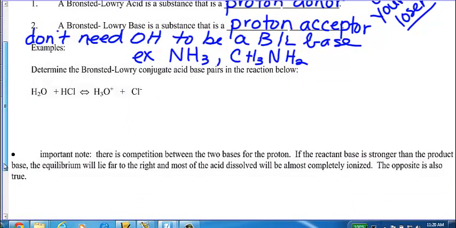It says, determine the Bronsted-Lowry conjugate acid-base pairs in the reaction. So to find the acid-base pairs, okay, the first thing you want to do is partner them up.